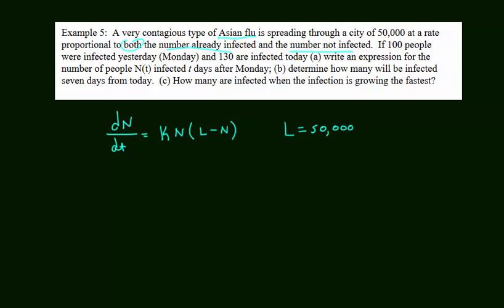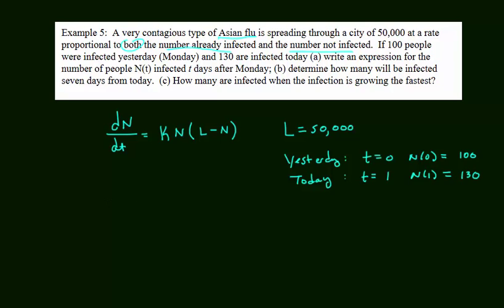I'm going to index this to be yesterday, t equals 0, and yesterday there were 100 people infected. Today, t equals 1, and N at 1 is 130.